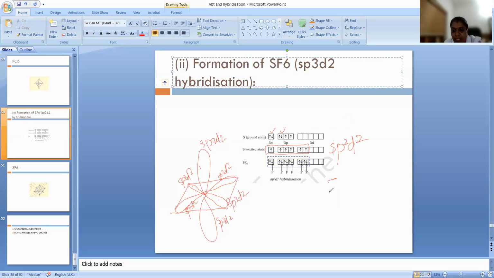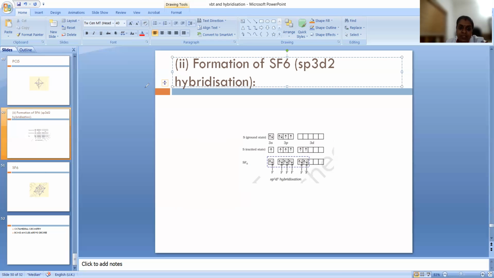And the fluorine atom is atomic number 9, right? So 1s2, 2s2, 2p5. 2p5 means the p orbital contains one unpaired electron. So that unhybridized p orbital is bonding here. Look here, a pair of electrons is sharing everywhere like this, and we will get an octahedral geometry.